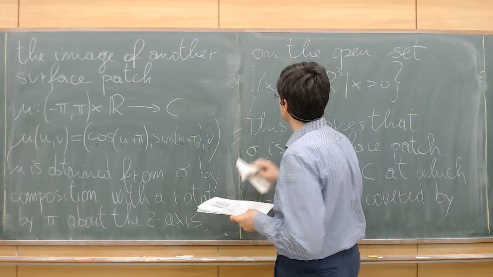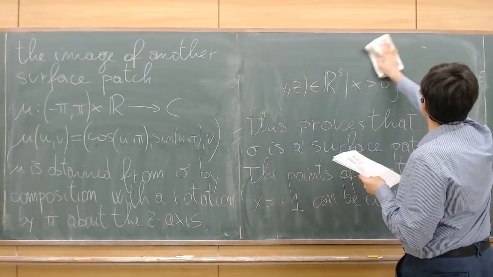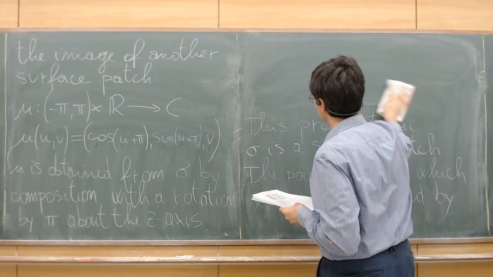Okay, so this is the end of the proof of the fact that C is a regular surface.